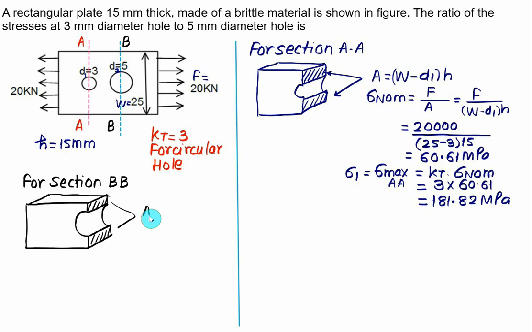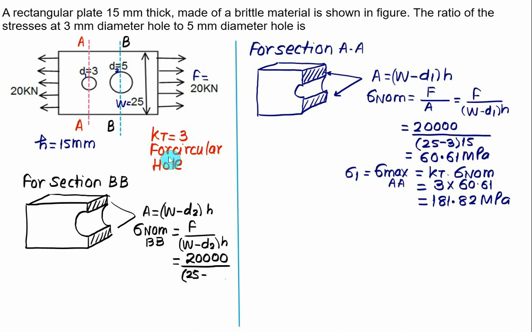This area is equal to W, that is the width minus diameter D2 multiplied by H. So here nominal stress produced at section BB will be equal to force divided by area, that is W minus D2 multiplied by thickness H. We have same value of force equal to 20,000 divided by width here equal to 25, so we have uniform width.